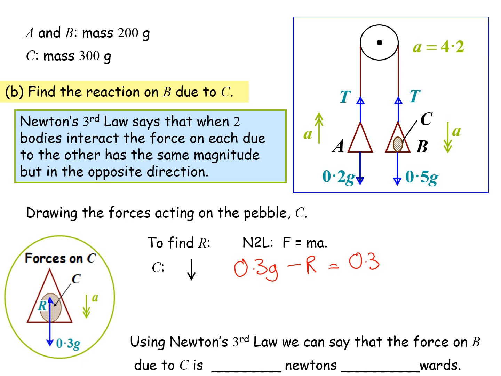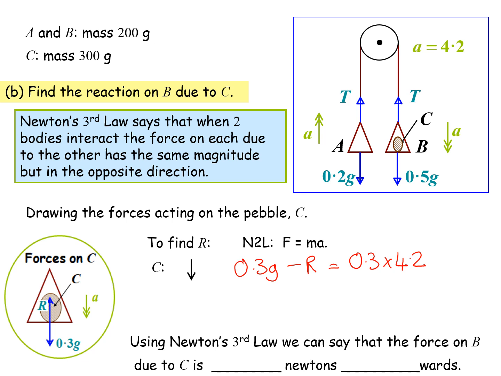But I said acceleration was going to be 0 because it wasn't going anywhere. But it actually isn't not going anywhere because this thing's in motion, isn't it? This thing's in motion at an acceleration of 4.2. So 4.2 downwards, that's positive 4.2. So it's going to be mass times 4.2. And therefore we can work out the reaction force.